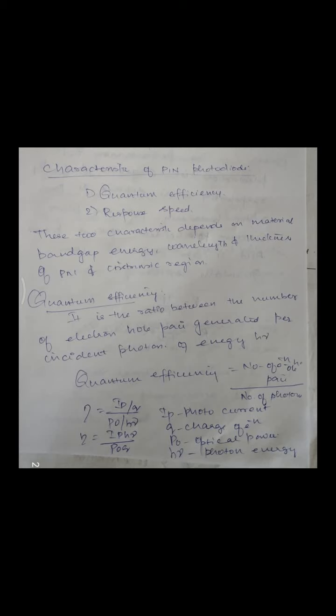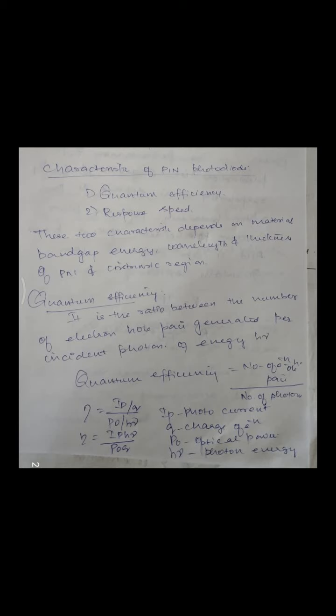The quantum efficiency is the ratio between the number of electron hole pairs generated and the number of incident photons of energy h mu. So the quantum efficiency can be written as the number of electron hole pairs to the number of photons. Mathematically, the quantum efficiency is eta equal to Ip by q divided by Po by h mu.